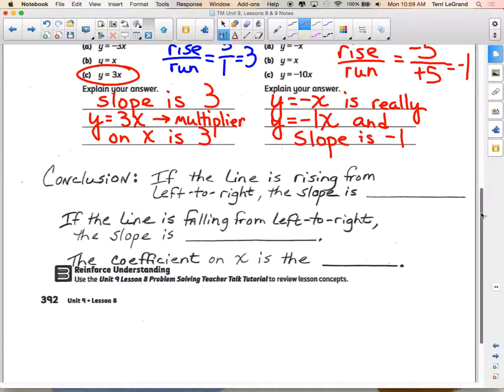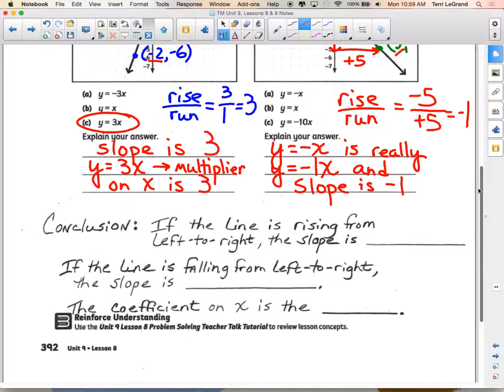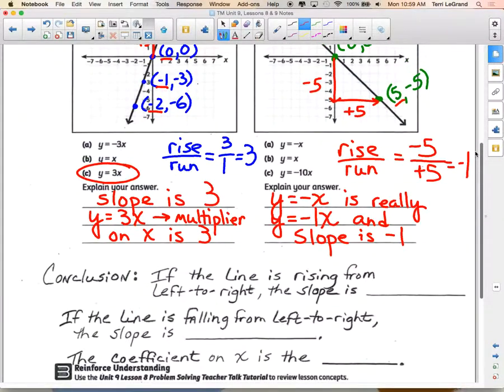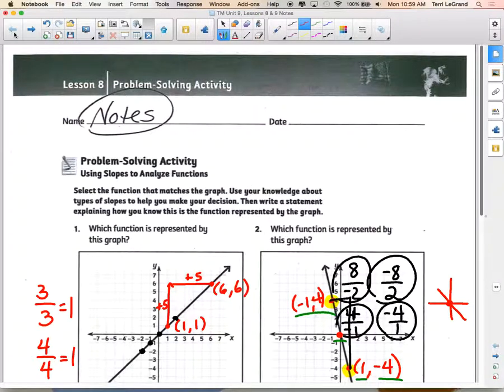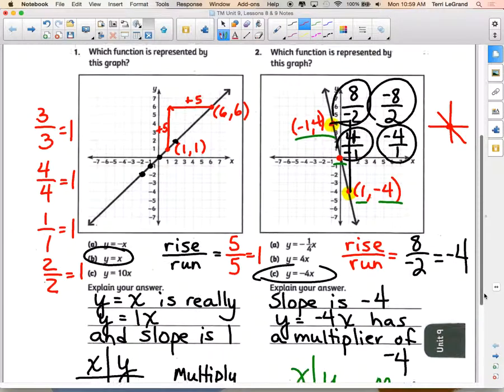Which problem numbers? 3 is rising from left to right, and on the front side, number 1 is rising.